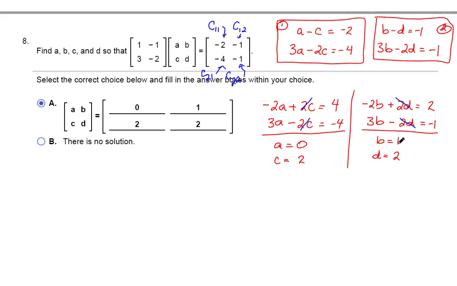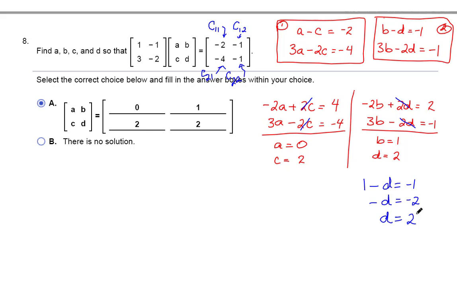And so B is 1. Well, if B is 1, that gives me 1 minus D is minus 1. Or minus D is minus 2. Which gives me that D is 2. All right. So that gives us A, B, C, and D.